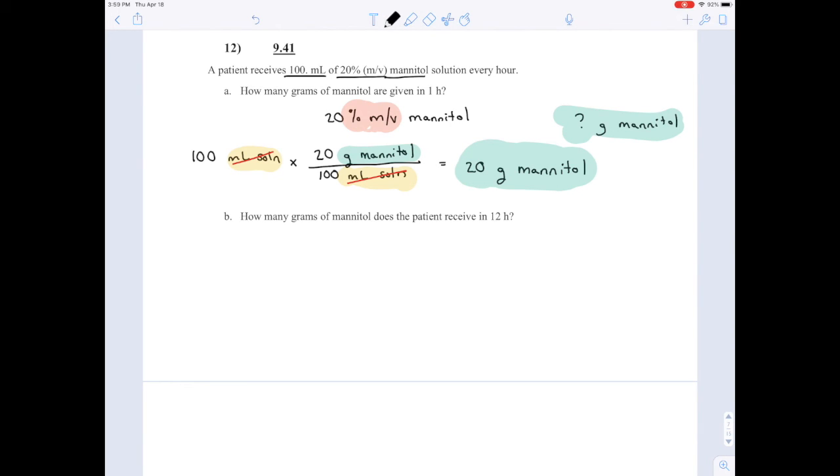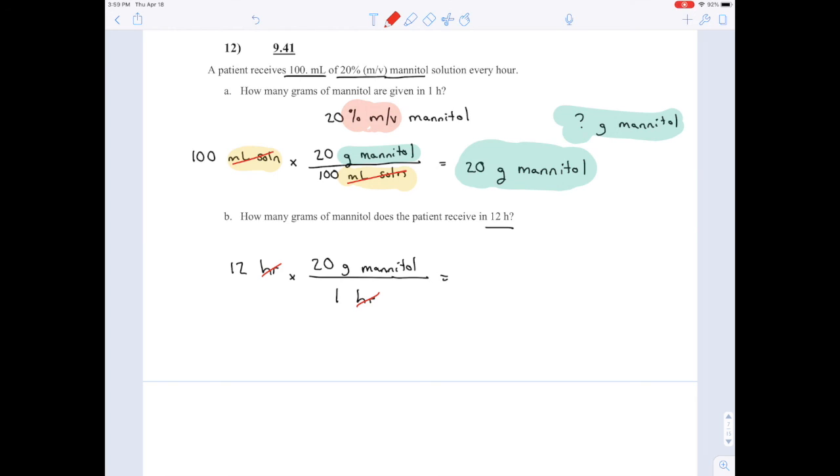Now, they say how many grams of mannitol does the patient receive in 12 hours? Well, if this is the amount they receive every 1 hour, in 12 hours they would receive 12 times that. So if you had 12 hours, and you know that in every 1 hour they receive 20 grams of mannitol, then the hours cancel out.